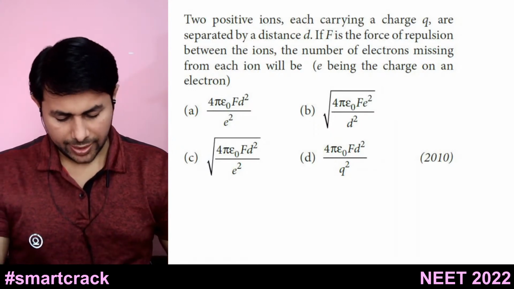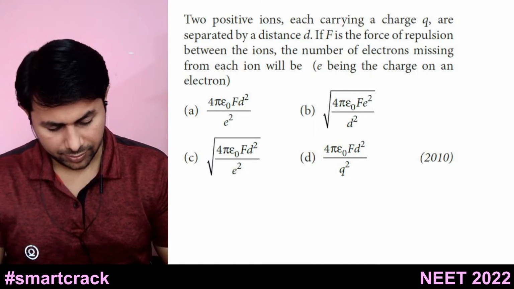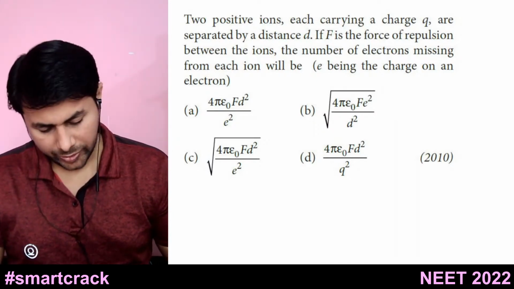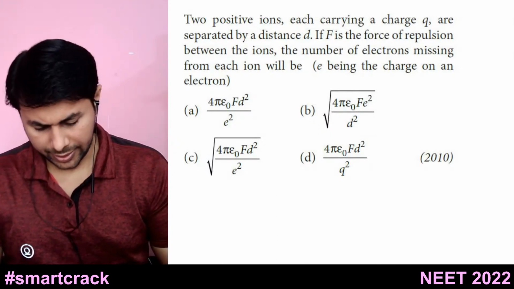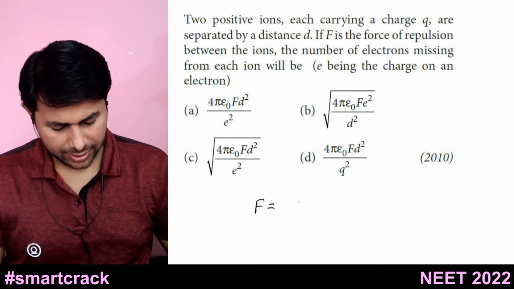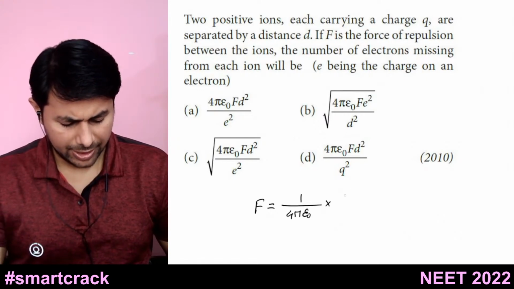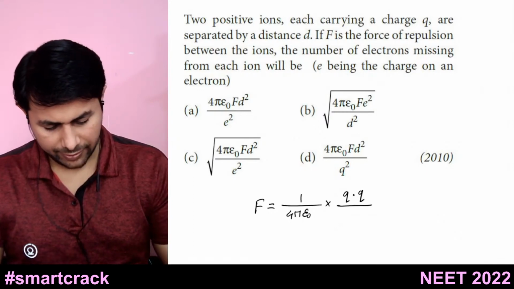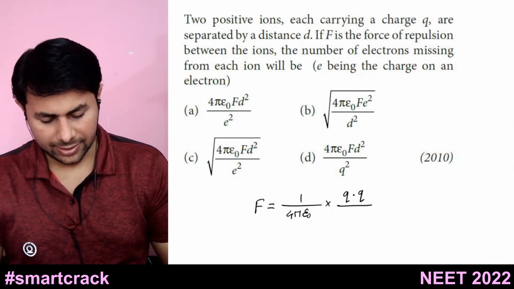So what do we have? We have two ions having charge Q at distance d. And what do we want to find out? We want to find out the number of electrons missing from each ion. So how much will be the force between the ions? It is 1 over 4 pi epsilon naught multiplied by Q times Q over R square, but R is equal to d, since they are separated by distance d.